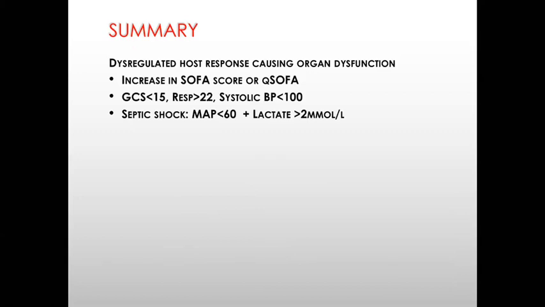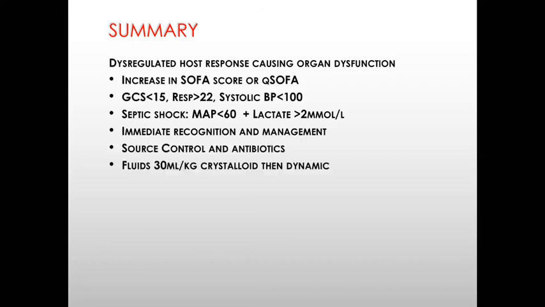Septic shock is a mean blood pressure of less than 60, despite adequate fluid resuscitation or the need for inotropes to maintain that pressure, plus a lactate of more than 2. The key to management is immediate recognition, source control, fluids with crystalloids. I've omitted to mention that the artificial colloids are associated with increased mortality. They shouldn't be used.